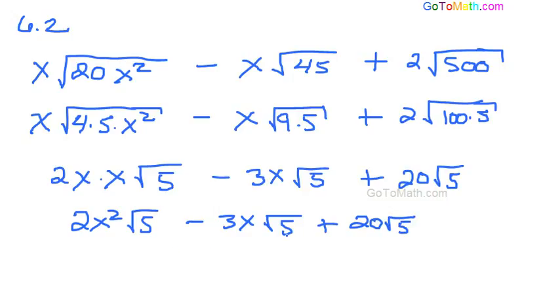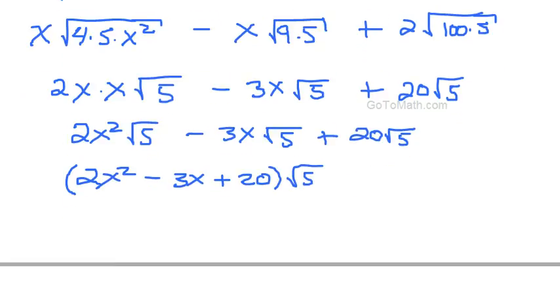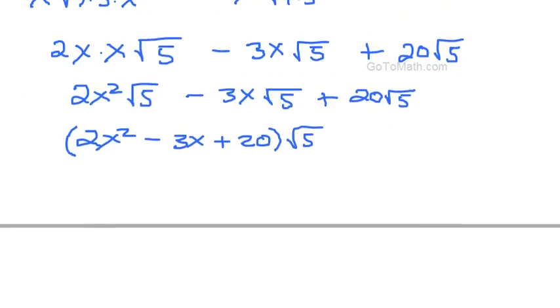The only thing we can do here is factor out the square root of 5. So we're going to have 2x squared minus 3x plus 20, times the square root of 5. That's really all we can do. You can factor out the square root of 5. Do what you want, I guess, with that.